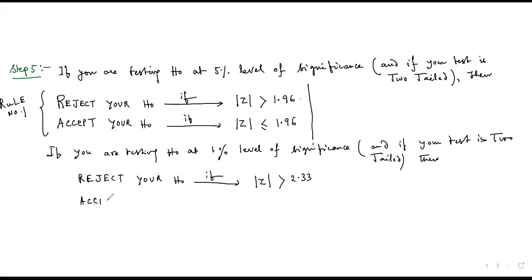Accept your H0 if mod Z is less than or equal to 2.33.